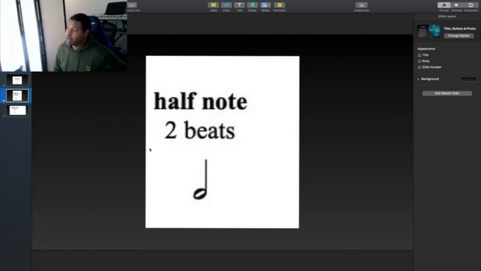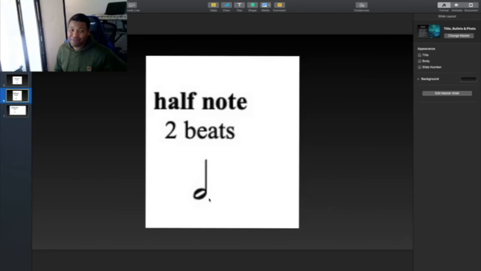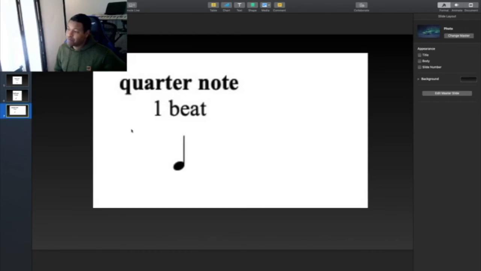All right, and then we look at the symbol for the half note. It looks similar to the whole note, however, this one has a stem. That's what we call this part here. Now notice the quarter note looks similar to the half note. However, there is no hollow space in the middle. Just a solid dot with the stem.